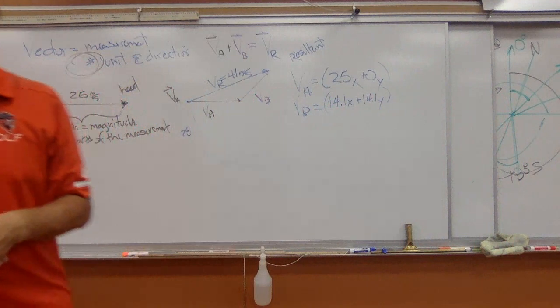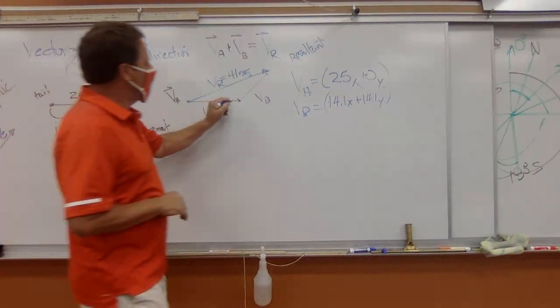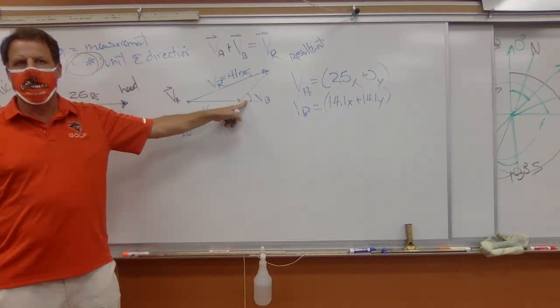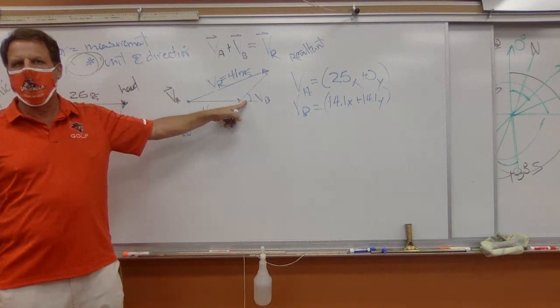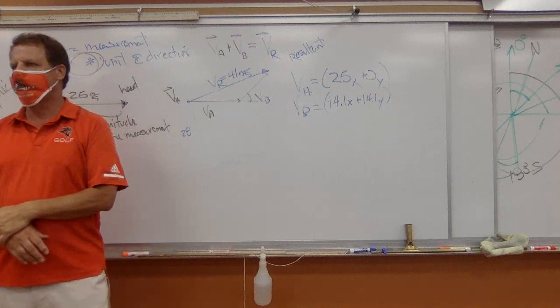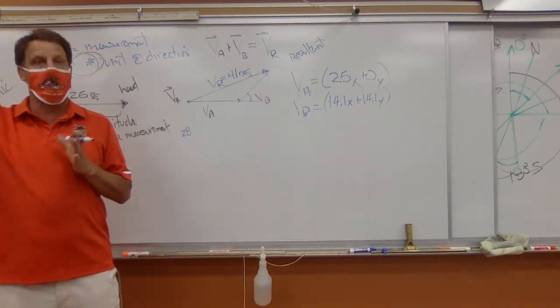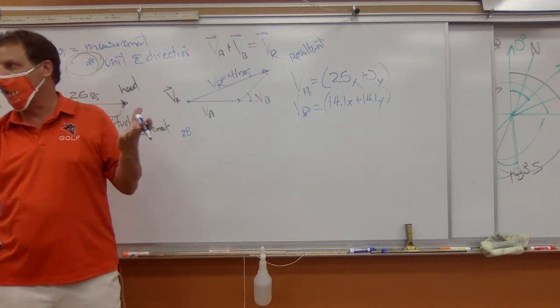So, you guys, what would you say the angle was right there? If you had to guess, what's the angle there? 60. I was shooting for 45, right? But I didn't measure it.